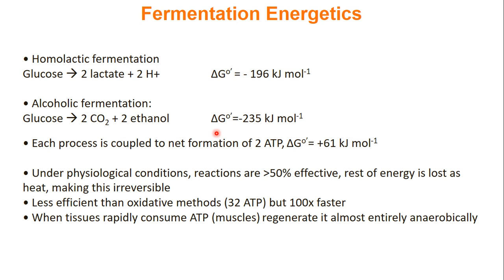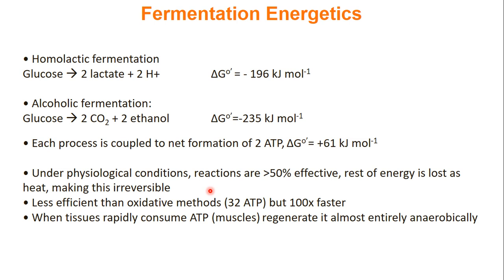Now, these energies are standard conditions. Physiological conditions, these numbers change because all the concentrations change, but the reactions are greater than 50% effective. The rest of this energy that is not being used to make ATP is lost as heat, so this reaction will then be irreversible.